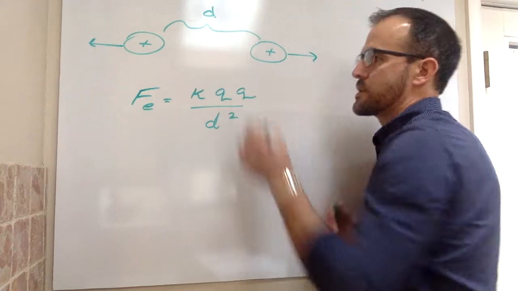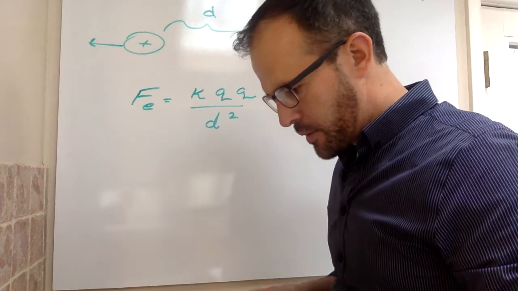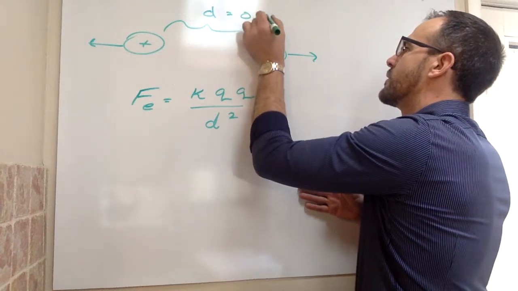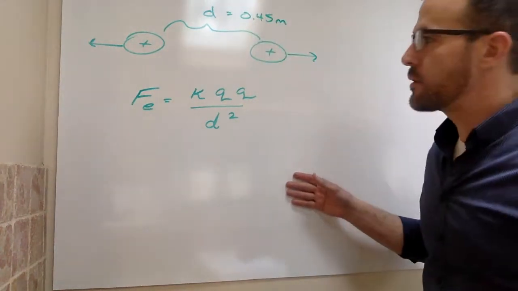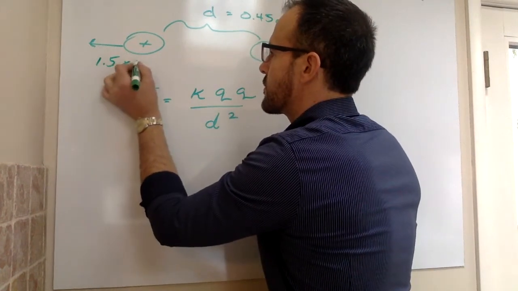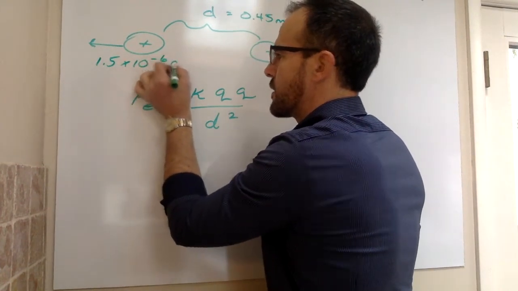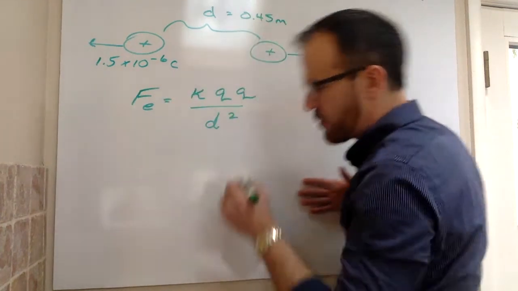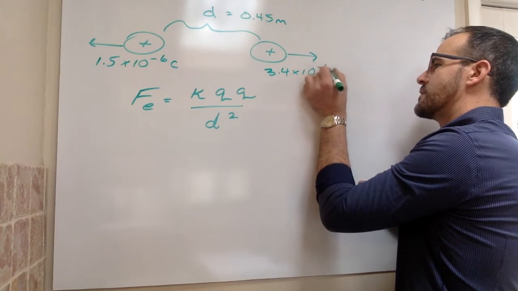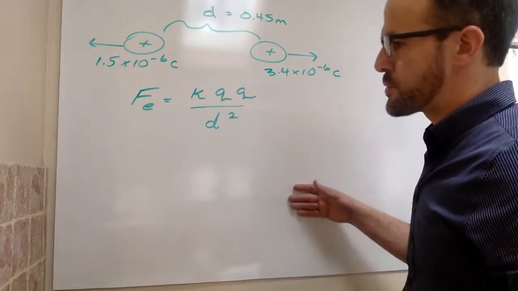In this problem, they are 0.45 meters apart, and one charge is 1.5 times 10 to the negative 6, and the other one is 3.4 times 10 to the negative 6 coulombs.